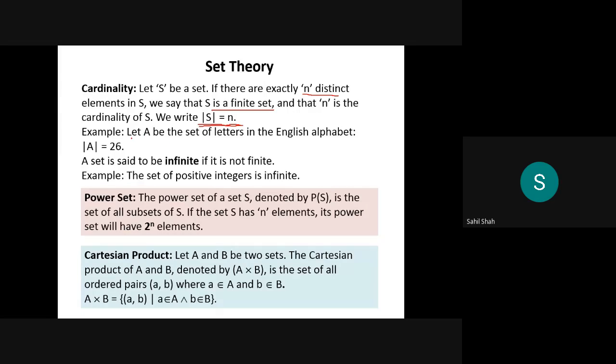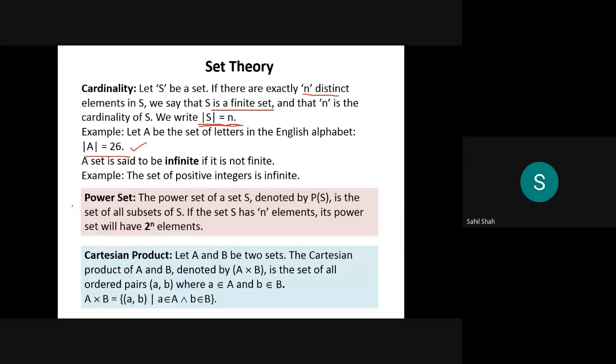Example is in front of you. Let A be the set of letters in the English alphabet. Then the cardinality of A would be 26. This is a finite set. A set is said to be infinite if it is not finite, for example the set of positive integers, the set of natural numbers, and so on.